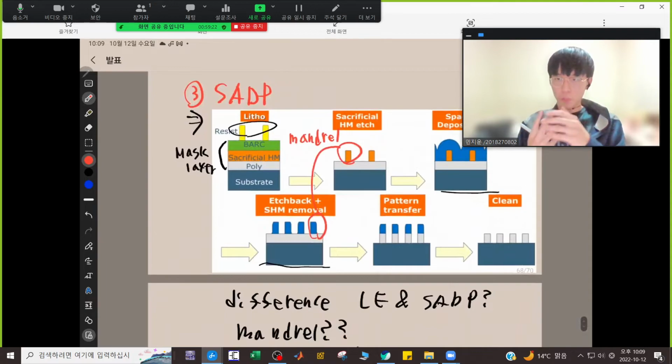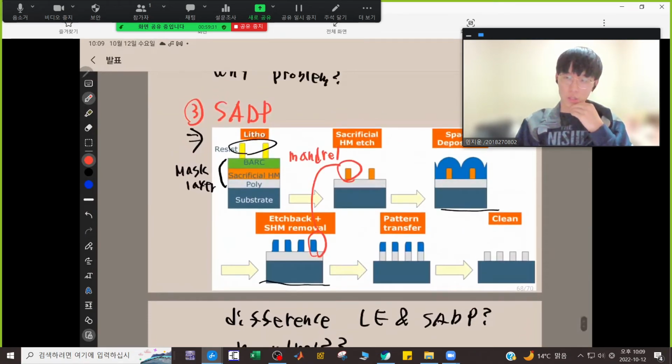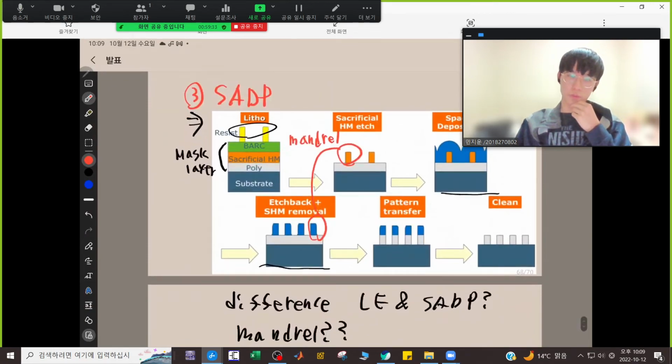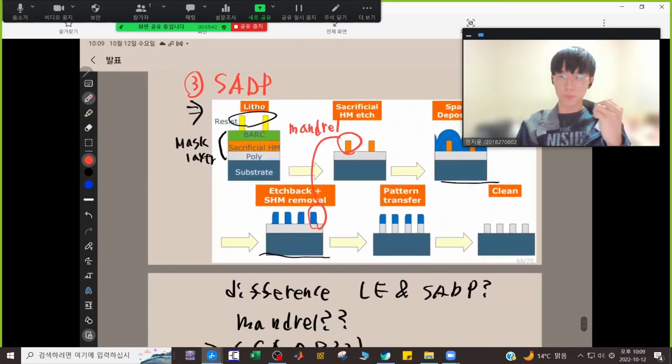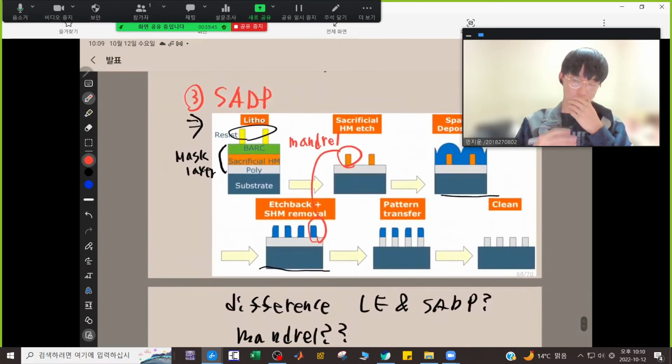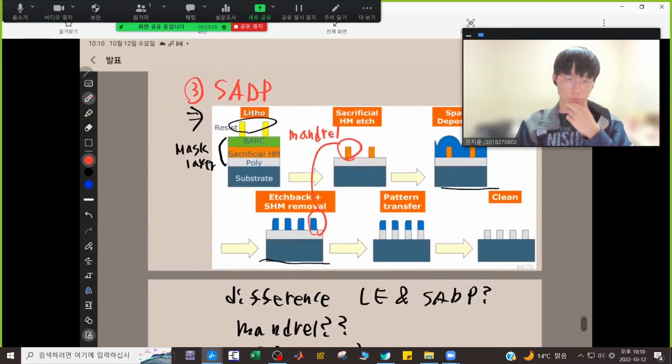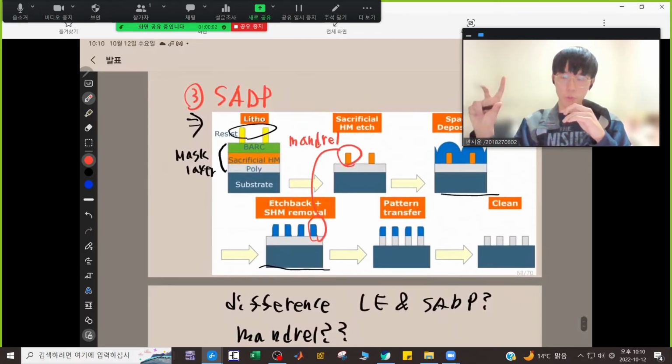So the next double patterning method is self-aligned double patterning. The difference from the LE method is that this self-aligned double patterning has just one photolithography and also uses a self-aligned mask, without putting on a mask.